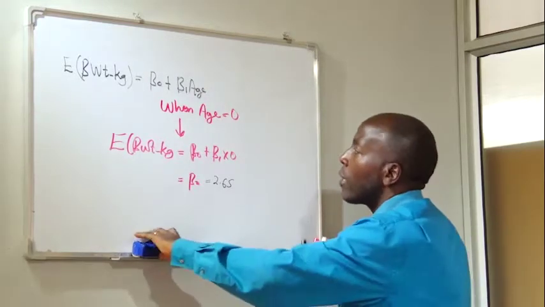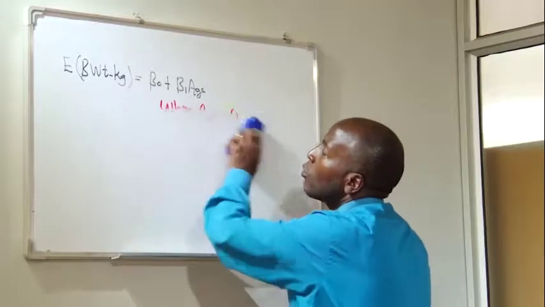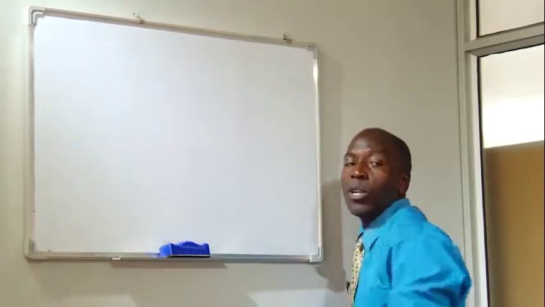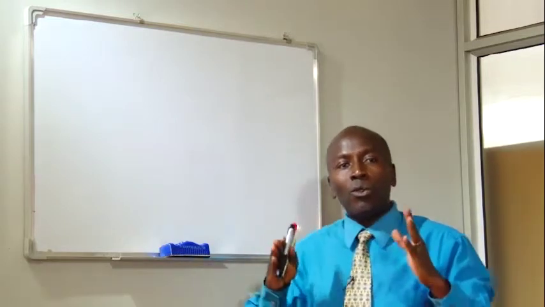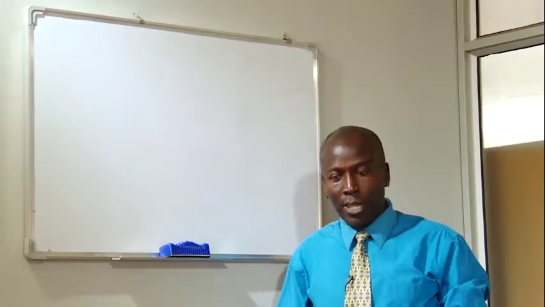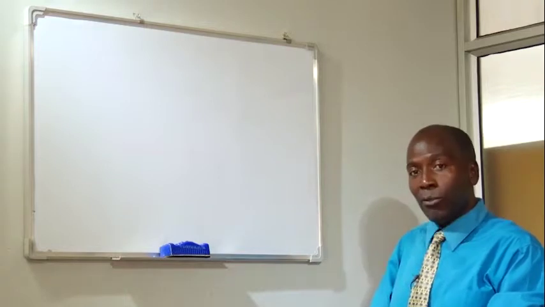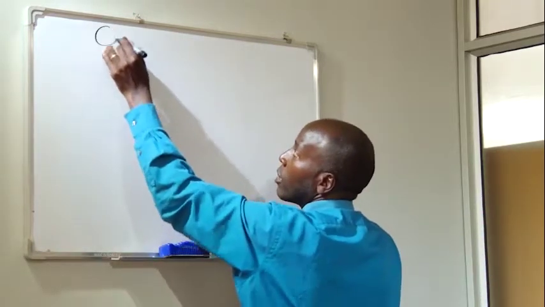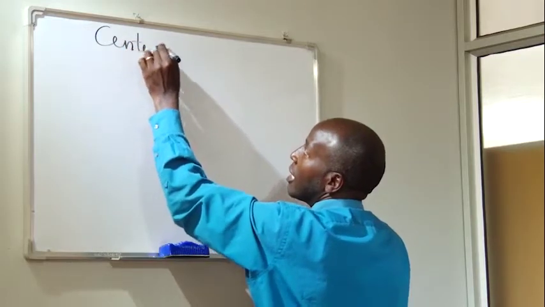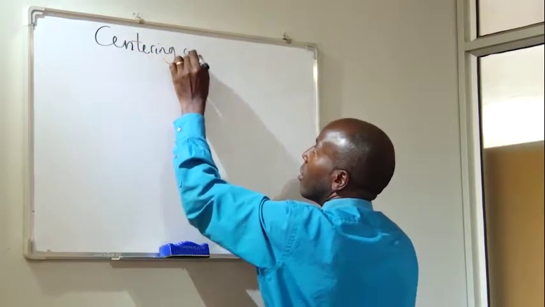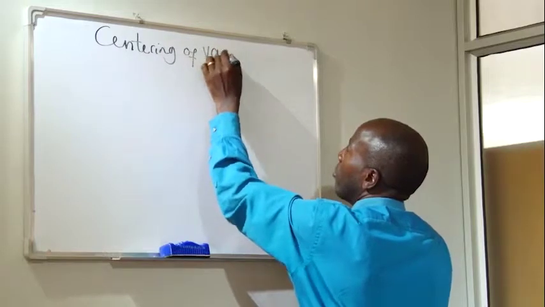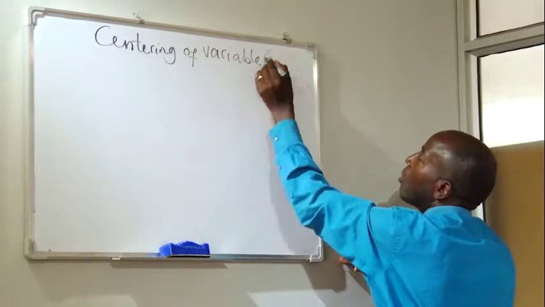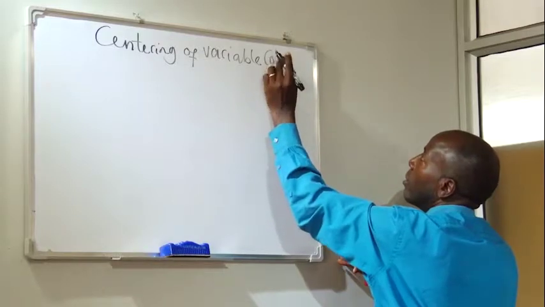So how do we make the intercepts meaningful when we are dealing with continuous variables? We make intercepts meaningful by using what we call centering of continuous variables. And we only center continuous variables.